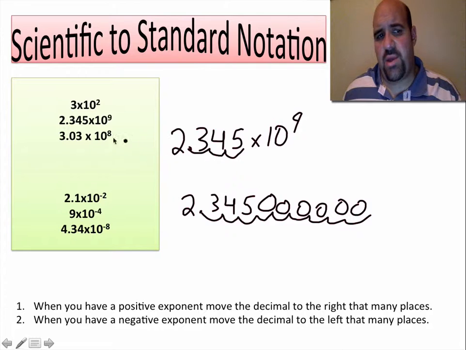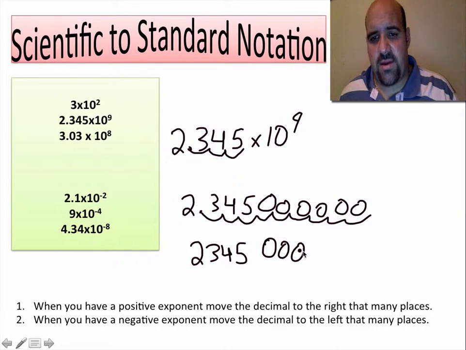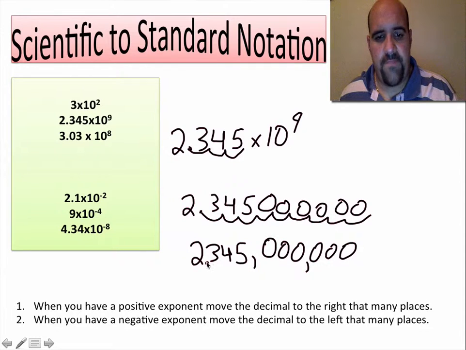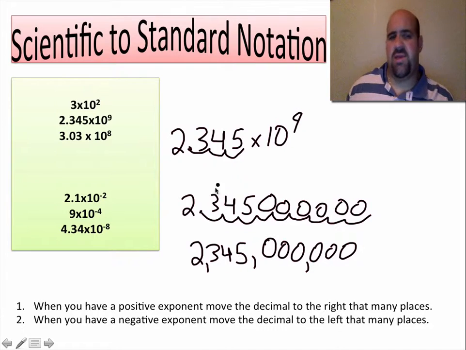So 2.345 times 10 to the ninth is equal to 2,345,000,000, and we can put in our commas. That's all you have to do when going into standard notation from scientific.